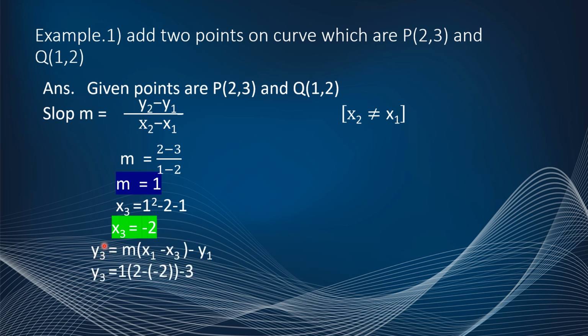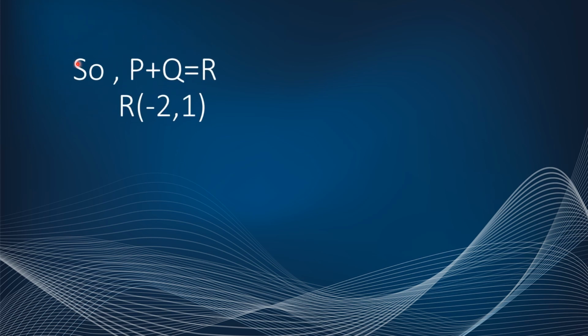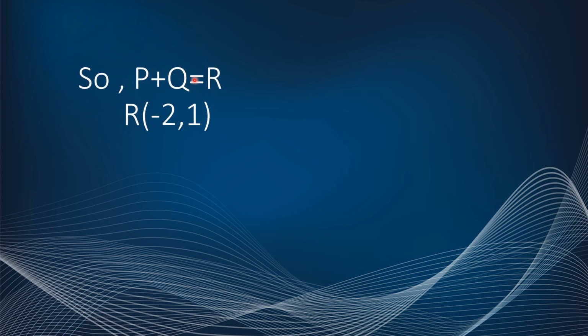Now to find y3, y3 is equal to m of x1 minus x3 minus y1, where m is 1, x1 is 2, x3 is minus 2, and y1 is 3. So we got our y3 value, which is equal to 1. Now we got P plus Q is equal to R. So our R point is minus 2, 1.